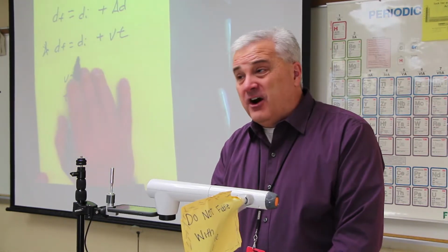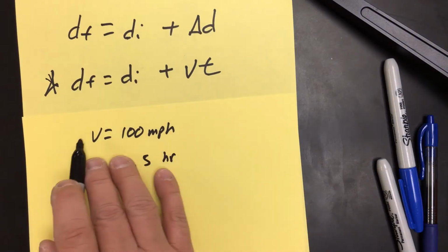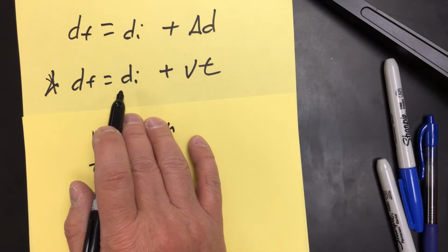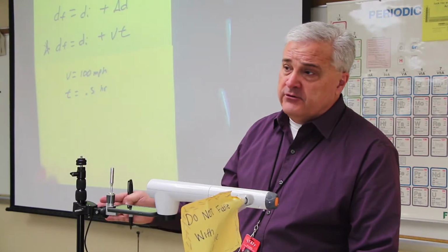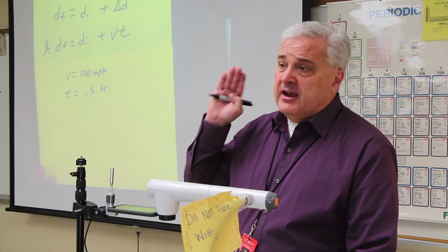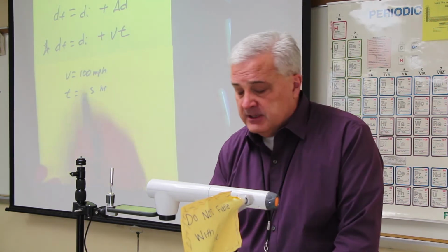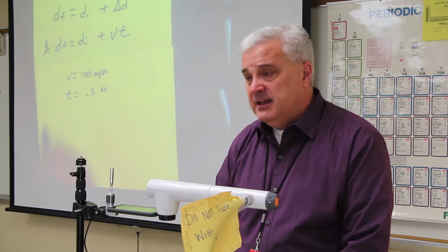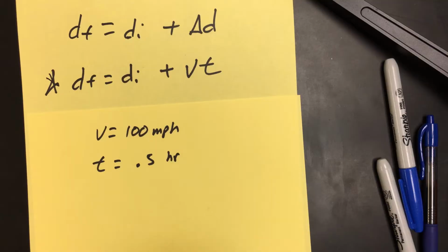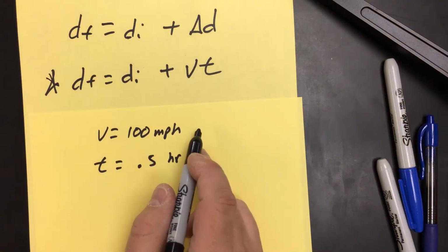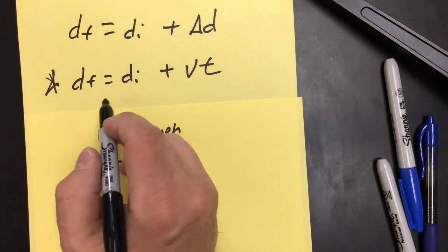So how far is it from the starting line? Well, that means that the initial distance was 0 because we're measuring from the starting line and everything is relative to the starting line. So when it crossed the starting line and they started the stopwatch, the distance was 0. So we can ignore the D I.